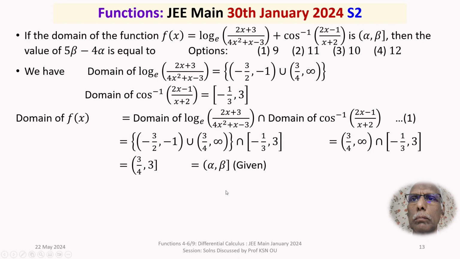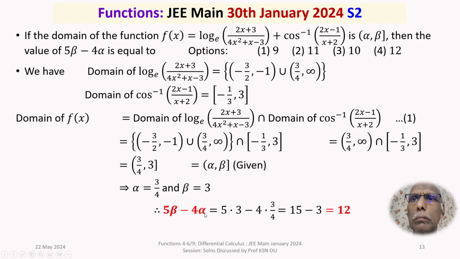So therefore, by comparison, alpha is equal to 3 by 4, beta is equal to 3. Therefore we have to find 5 beta minus 4 alpha. That is 5 into beta, which is 3, minus 4 into alpha, which is 3 by 4. That is 5 3s are 15 minus 3, and that is equal to 12.